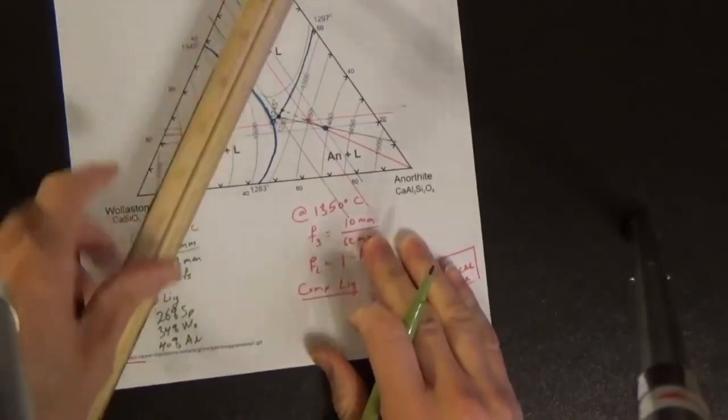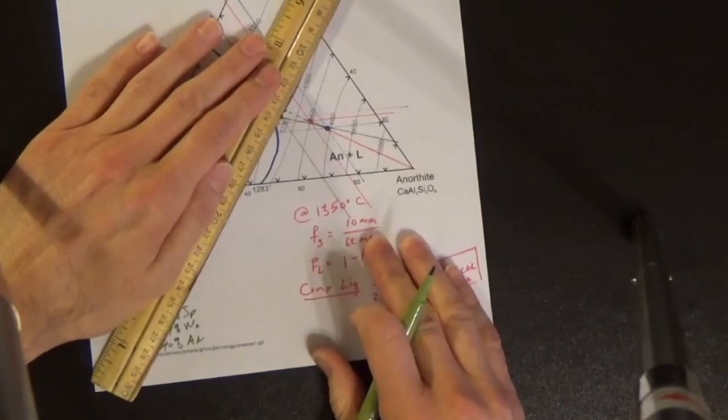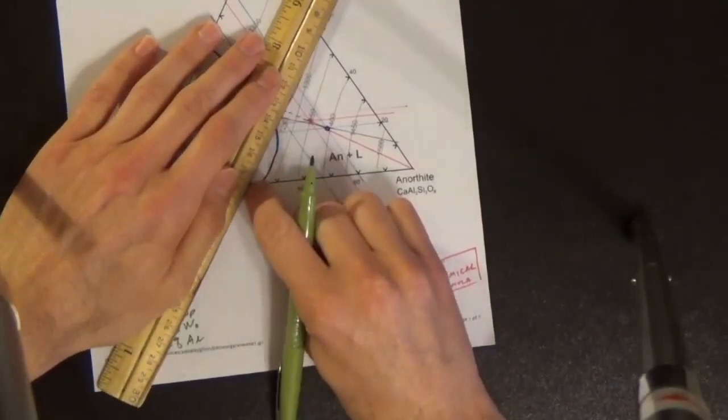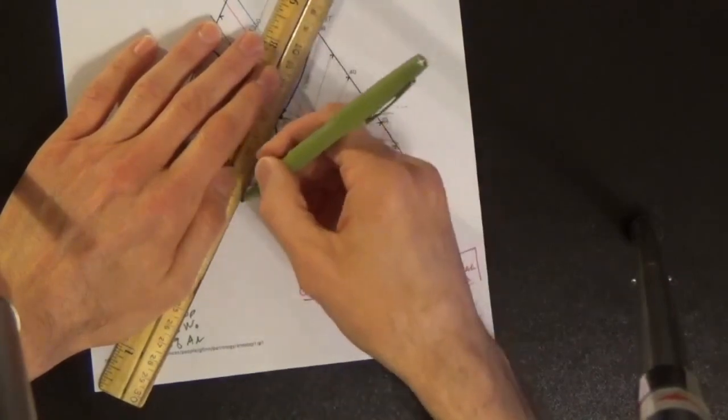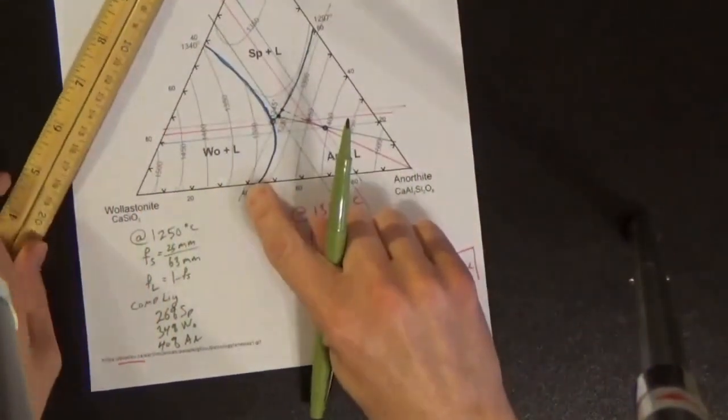Or we can get that from just drawing a line here, which looks about right. It's about 40% of AN.